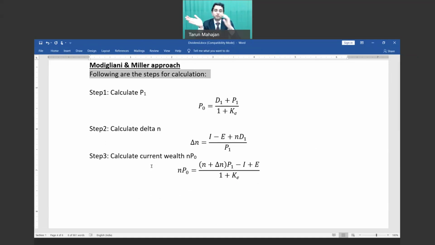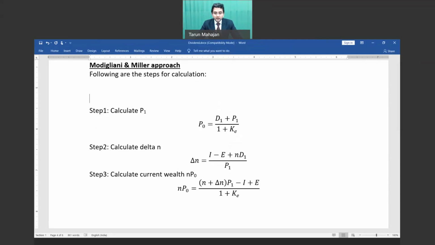And when you observe that with dividend, my wealth is 1 crore rupees, and without dividend, my wealth is still 1 crore rupees, you will say, oh, it doesn't make any difference to my wealth. And that will be the conclusion that dividend doesn't affect wealth. How do you do it? First, you calculate P1, then you calculate delta N, and then you calculate current wealth.